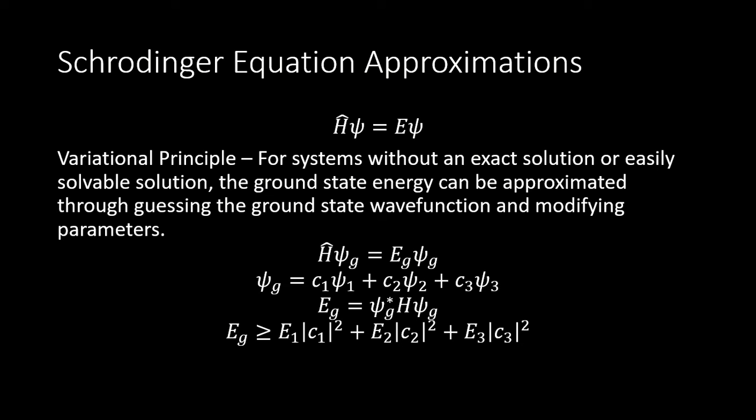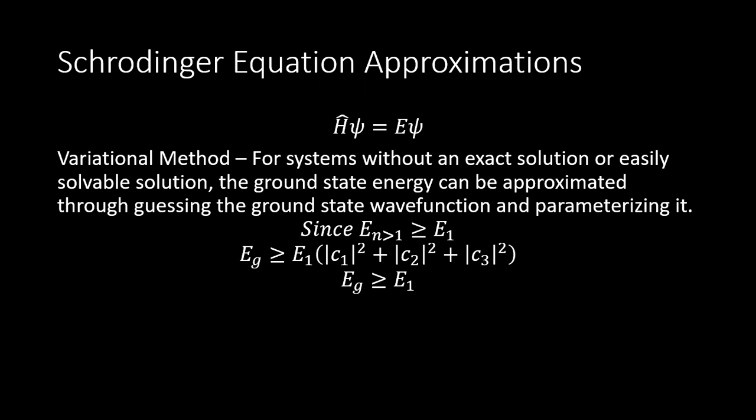Therefore, multiplying by the complex conjugate, we can obtain the energy back for our guess wave function. And this should be greater than or equal to the sum of all our various energy solutions of psi 1, 2, 3, so on and so forth, multiplied by their various normalization constants squared.